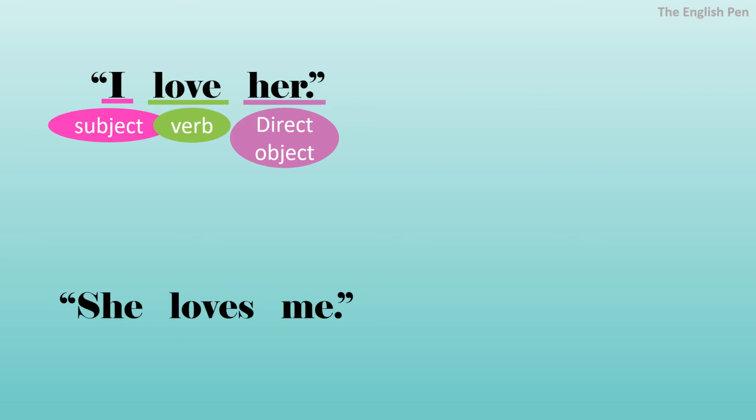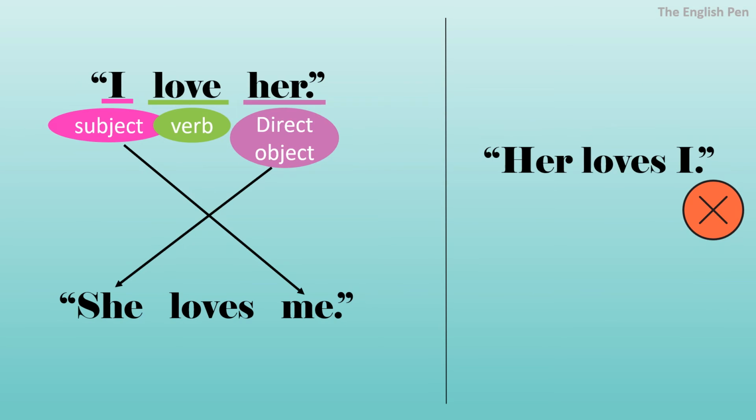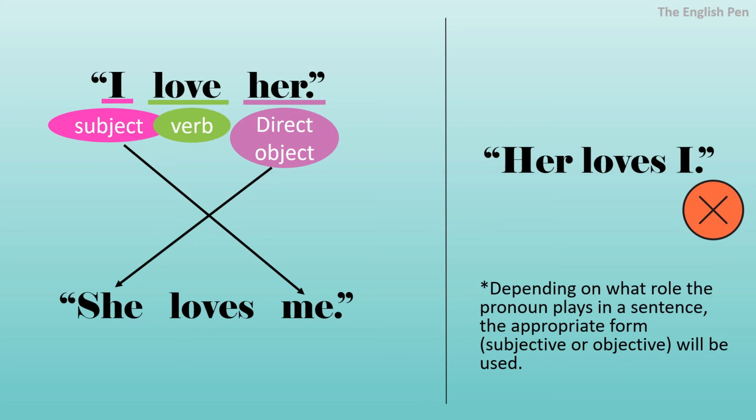Her is changed into its subjective form, she, and I is changed into its objective form, me. Her loves I, however, is grammatically incorrect. Depending on what role they play in a sentence, the appropriate form of the pronoun will be used.